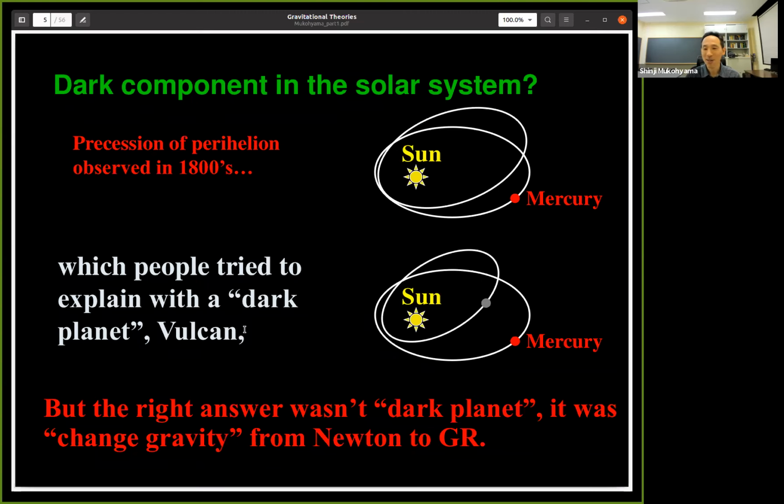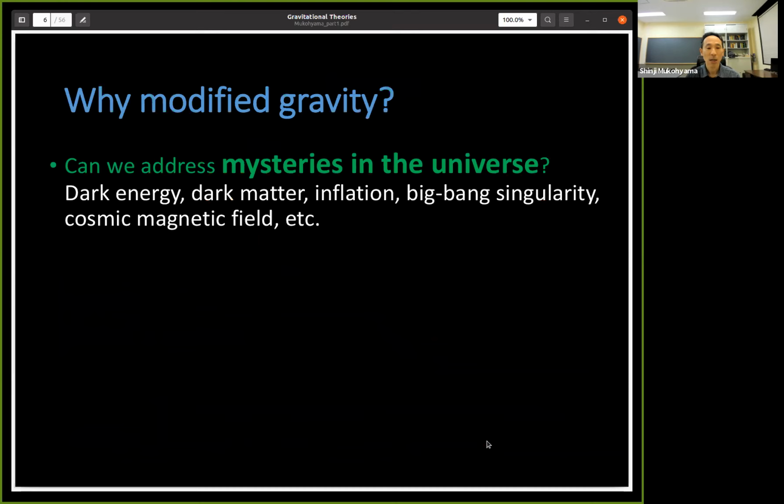Of course, the discovery was not right, and the right answer wasn't the dark planet, it was changing gravity from Newton to GR. So considering this history, it may make sense to hope to address some mysteries in the universe by changing gravity. So that's one motivation to think about modified gravity.